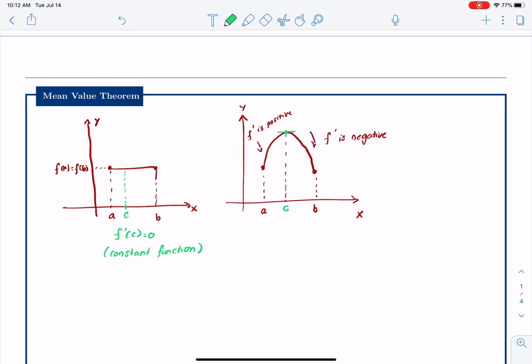Right at that point, the tangent line is horizontal, which would imply the derivative at that point has to be 0. So Rolle's theorem checks out.